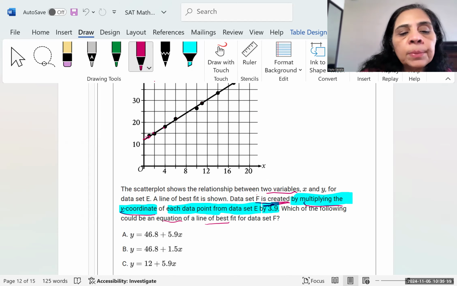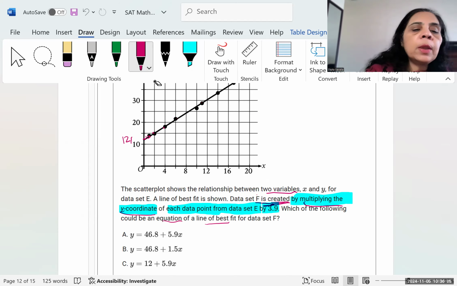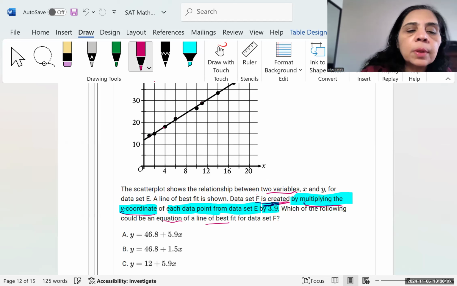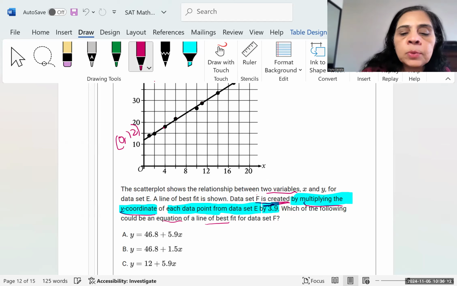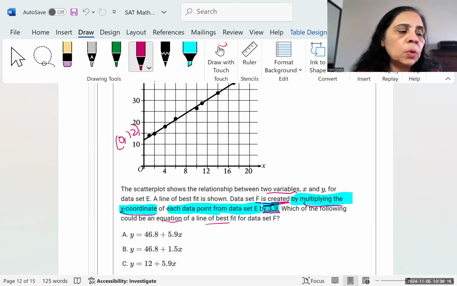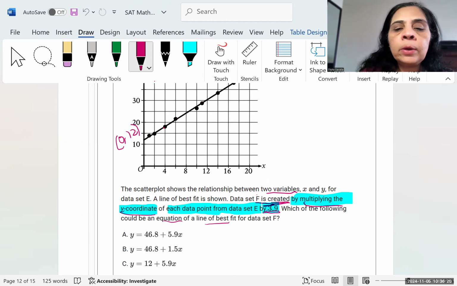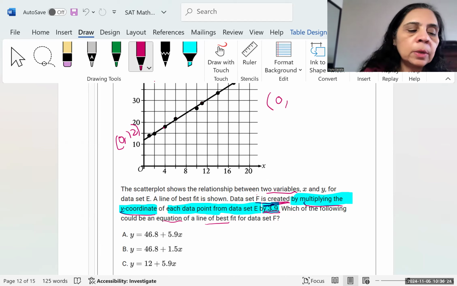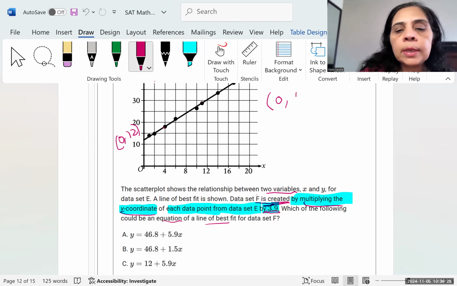So we can see here the exact points. Let's see, this number here is 12, right? We have x is 0 and y is 12. So what process do we need to do? Multiply by 3.9, right? So if you multiply by 3.9, we can write an ordered pair: 0 and 12 times 3.9 is 46.8.